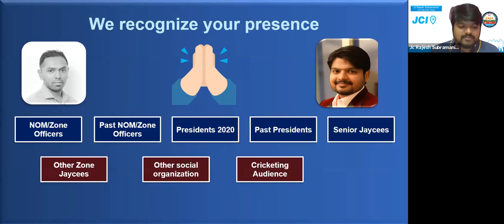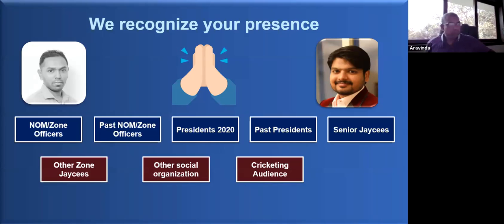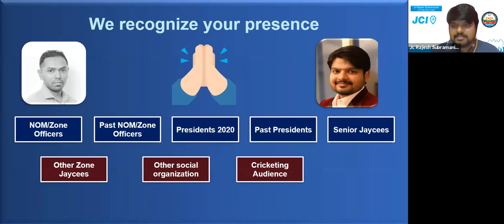I would like to recognize Jawahar Parthiban and other fellow presidents of my zone, and all the past presidents and other JC members from JCI India and the general cricketing audience who have joined today. We welcome you all and recognize your presence today.